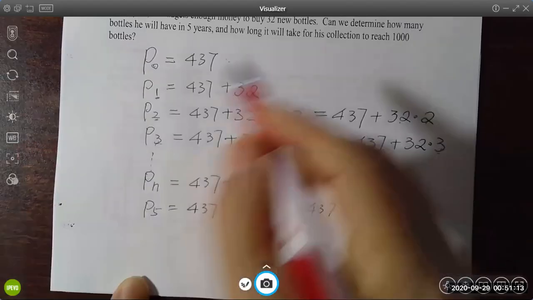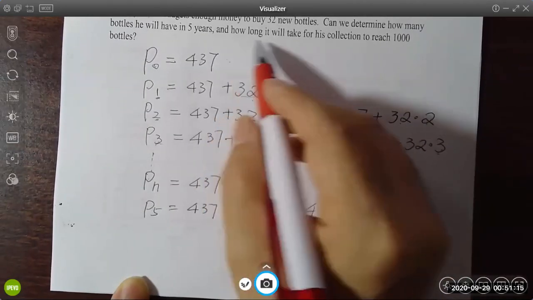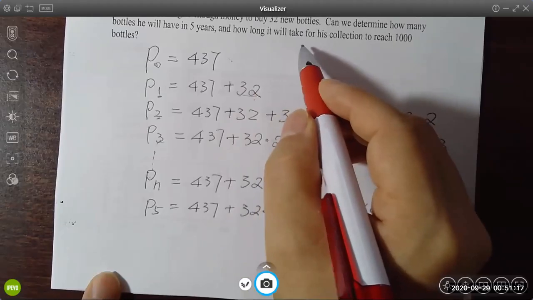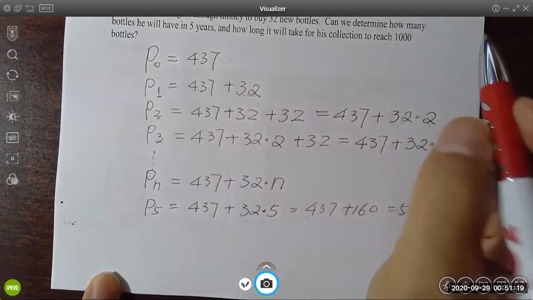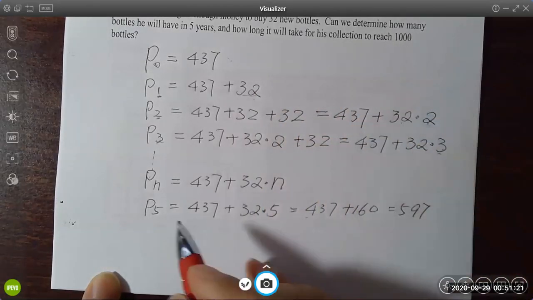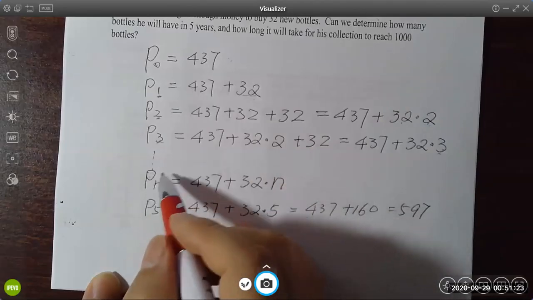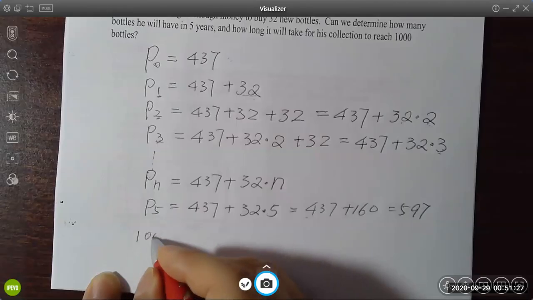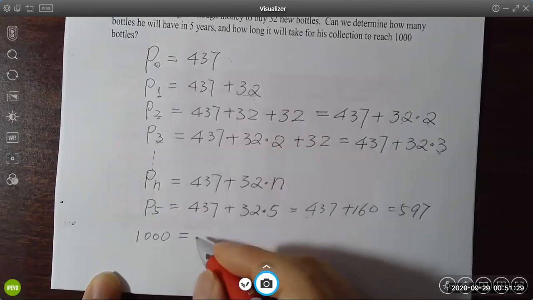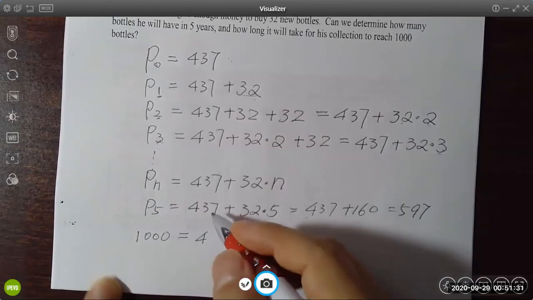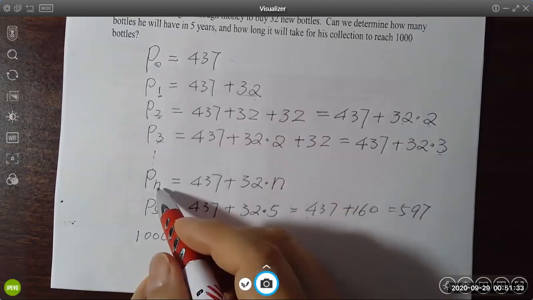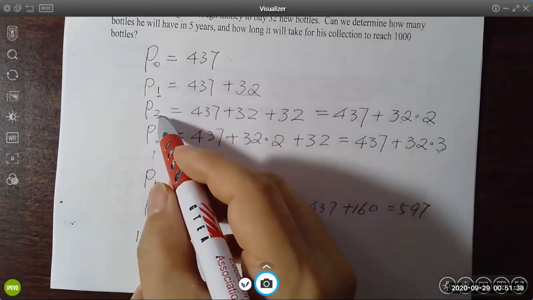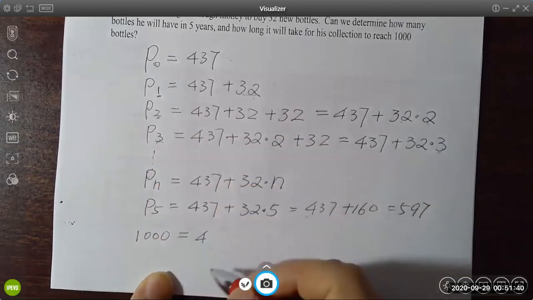Now let's answer the last question. How long will it take for his collection to reach 1,000? 1,000 is the total number of bottles. That's equivalent to the number on the left-hand side. This is the total number, so the total number is 1,000. And we need to figure out how many years. We don't know how many years. That's our n. After how many years? After 1 year, 2 years, 3 years, n years. We need to figure out the n.